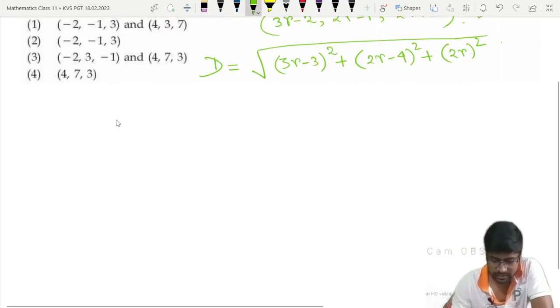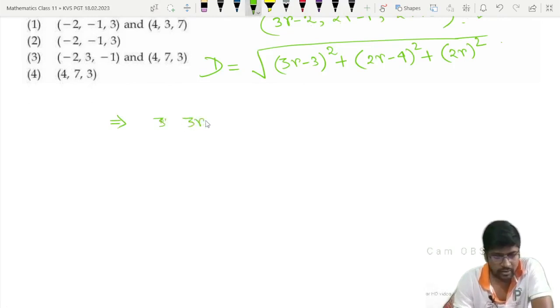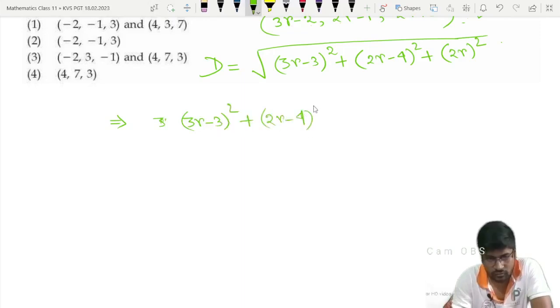So from the given condition, what can we write? I will not get any benefit by taking common, so let me write as it is: 3r minus 3 whole square plus 2r minus 4 whole square plus 4r square is equal to 5 square. Can we write or not?